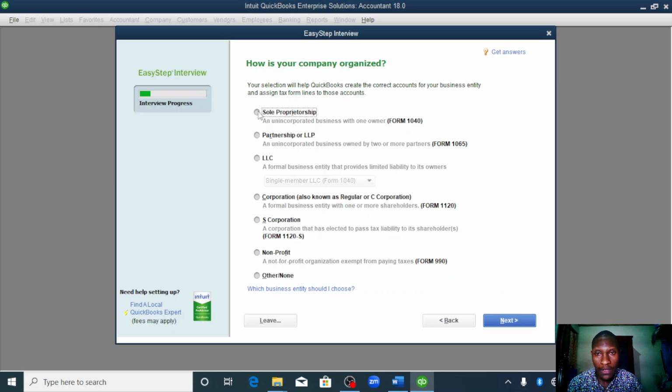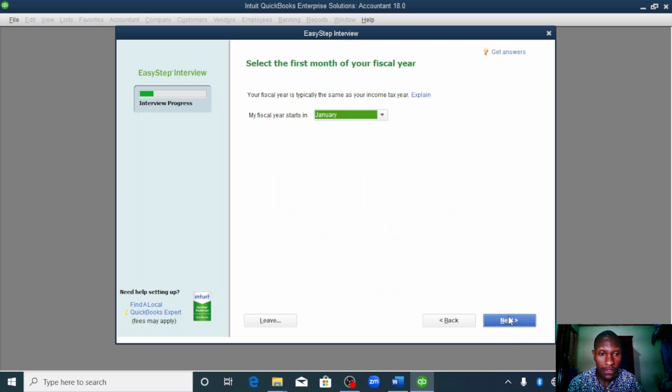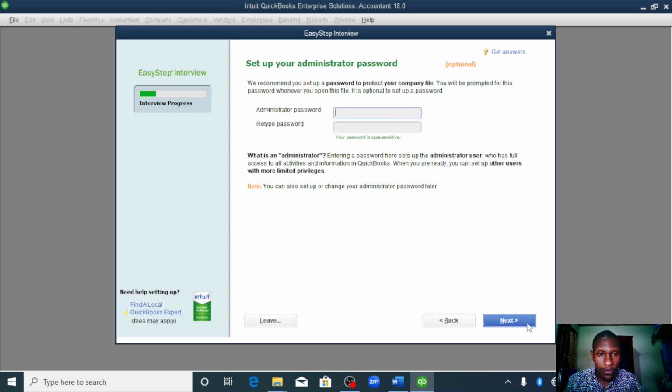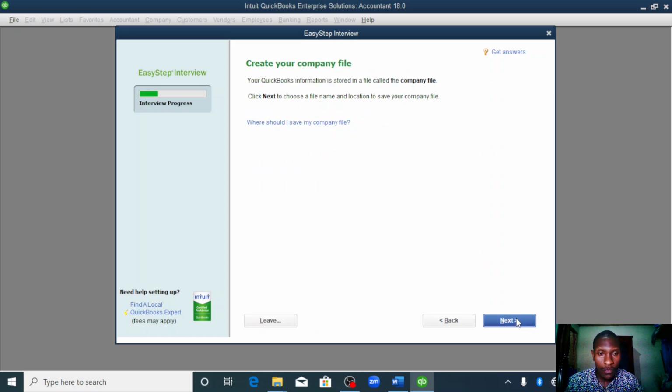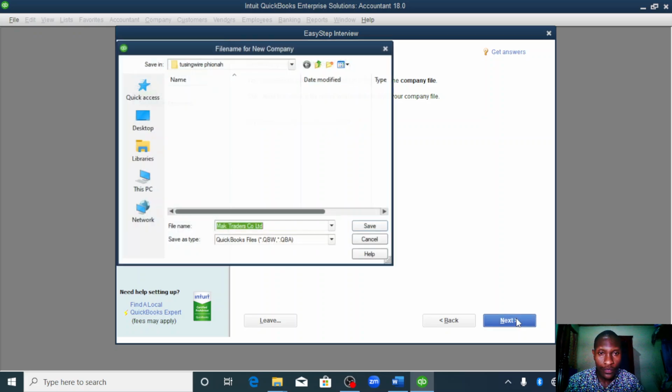The company is organized under sole proprietorship. We go to next. The fiscal year, it is in January. We skip here, we continue. We save it on the desktop.